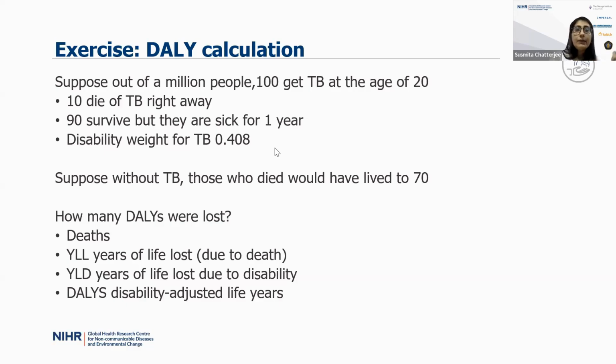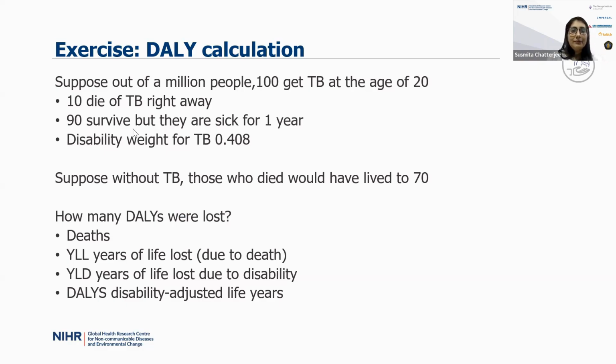Why are you saying 90 by so many? 90 is the prevalence, because 100, there is a million, that's right. But 90 is the prevalent, meaning 90 is the people for whom I have to calculate the YLD. So 90 is the prevalence here. And then I have the disability weight of 0.408, right? So yes, that's the right answer.